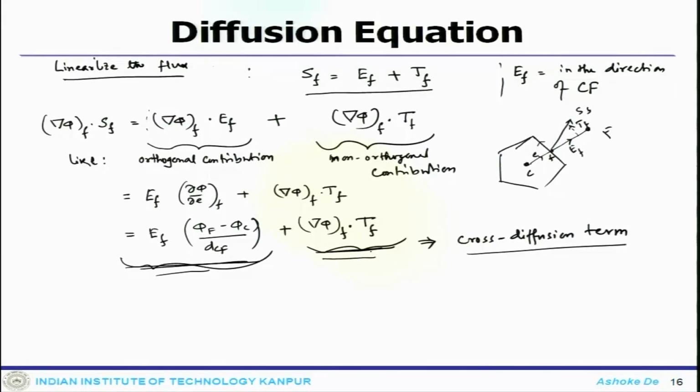Now, one can think about it in another way: the orthogonal system is a special case of the non-orthogonal system. Why? Because if the non-orthogonal contribution goes to zero, it turns out to be an orthogonal system. One can derive and discretize the equation for a non-orthogonal system, and then use it for both non-orthogonal and orthogonal systems by setting the non-orthogonal contribution term to 0.